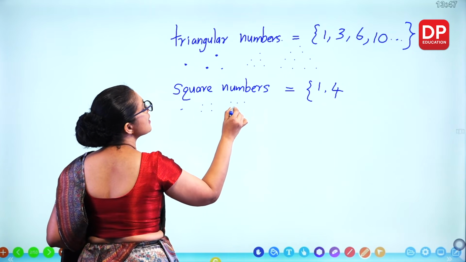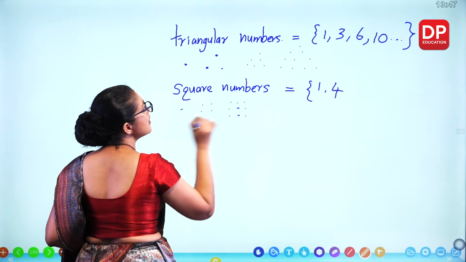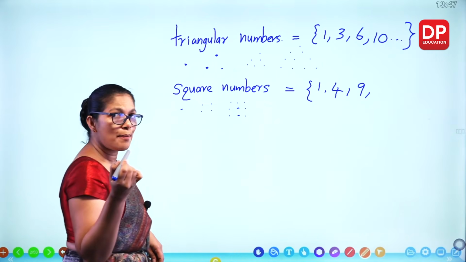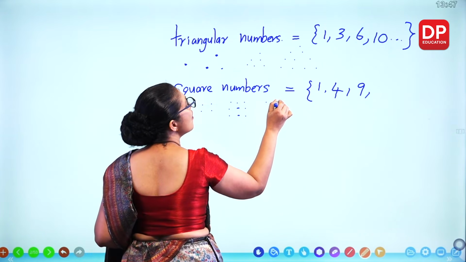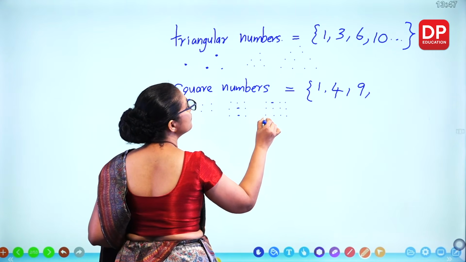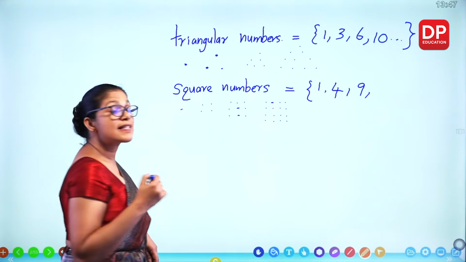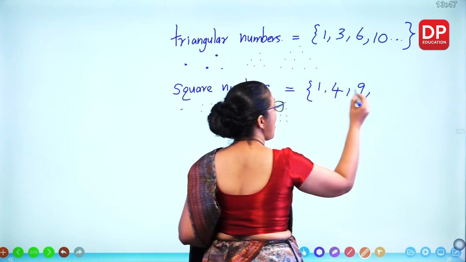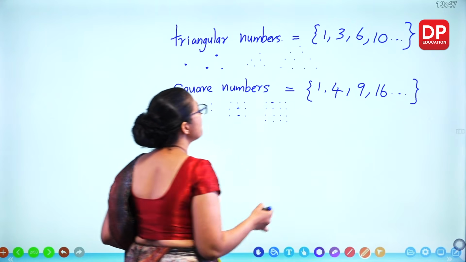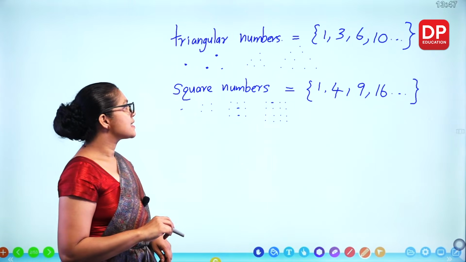I can draw with 9 dots. What's the other square number? 4 dots per row, that's 16 dots. So here 1, 4, 9, 16. We call those square numbers.